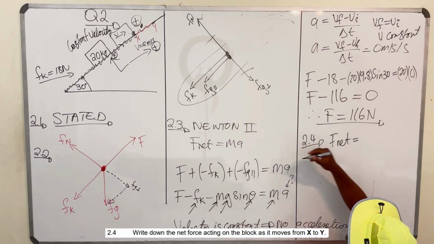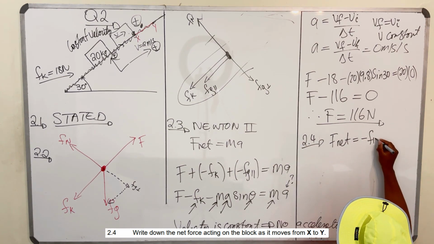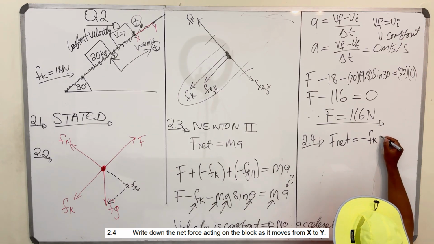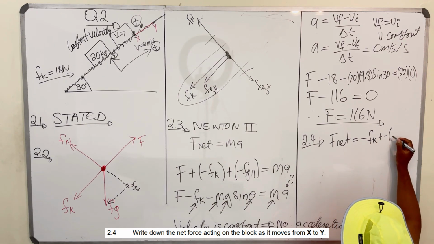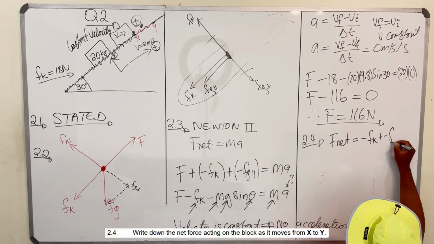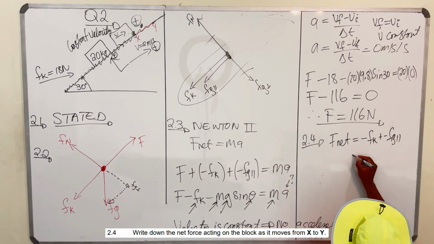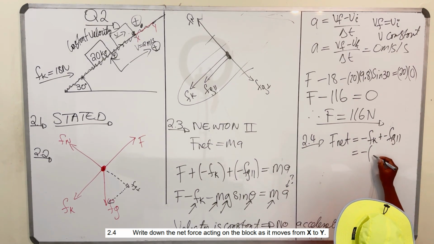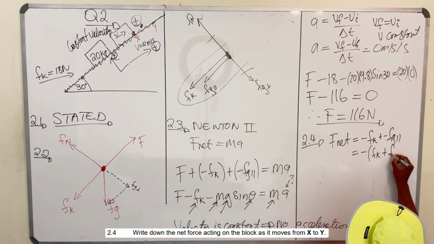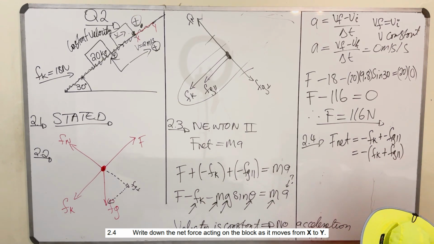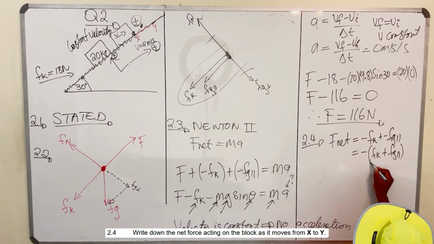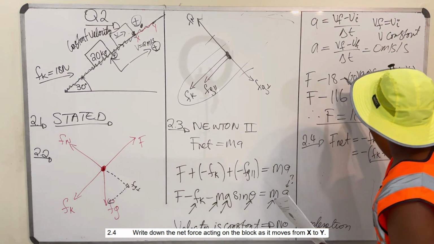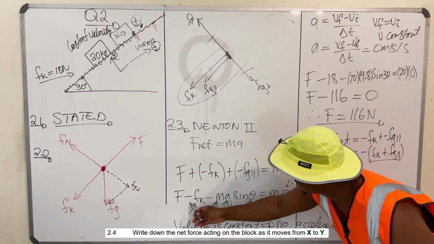The sum of forces. So it's negative Fk plus negative Fg parallel. So which is what? Negative Fk plus Fg parallel. If you look at this, you'll see it's exactly this part here.